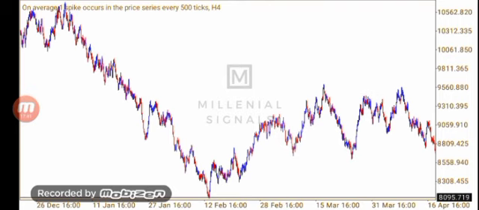And also I've shown you how to identify your support and resistance levels on the charts using various methods. I showed you how to do that with your triangles, with your rectangles, and your trend lines.